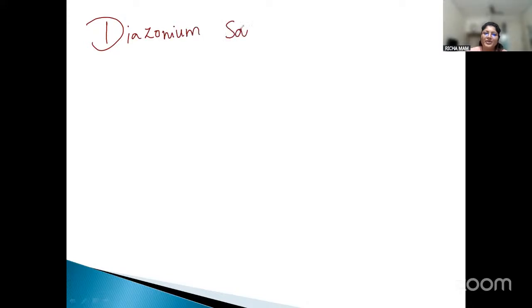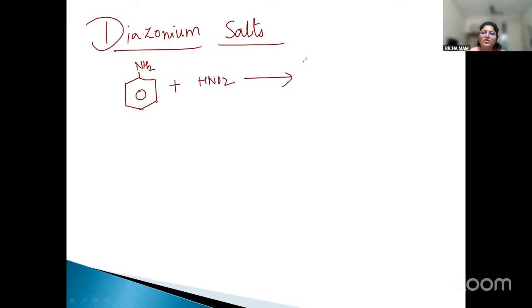Now, what do you mean by diazonium salts? Just now we have seen aniline. When you react aniline with nitrous acid, which you get in the presence of NaNO2 plus concentrated HCl, the temperature condition is important: 273 to 278 Kelvin, or 0 to 5 degrees Celsius.